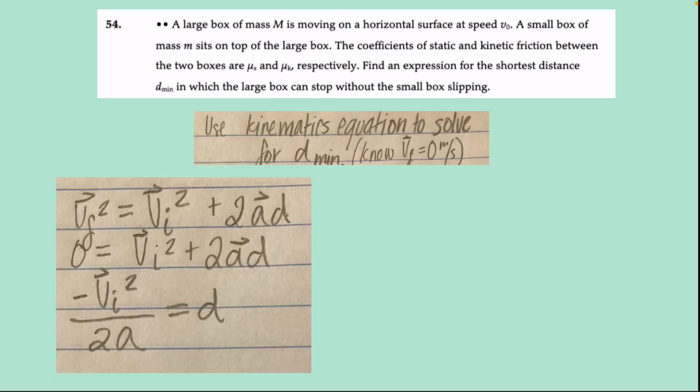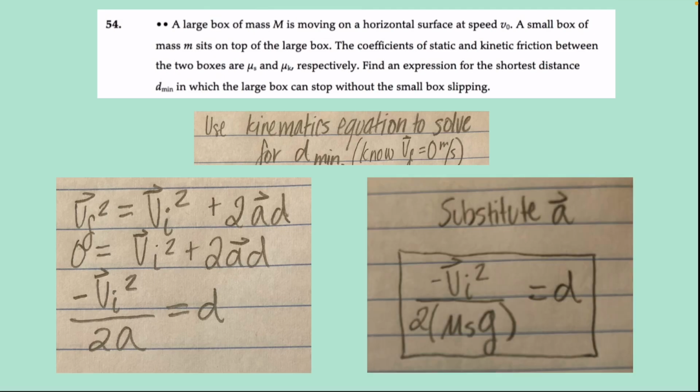Since we know the final velocity is 0, we replace it with 0, and when you solve for distance, you get negative v initial squared over 2a. Substituting a, you get negative v initial squared over 2 times the coefficient of static friction times gravity, and that equals the minimum distance.